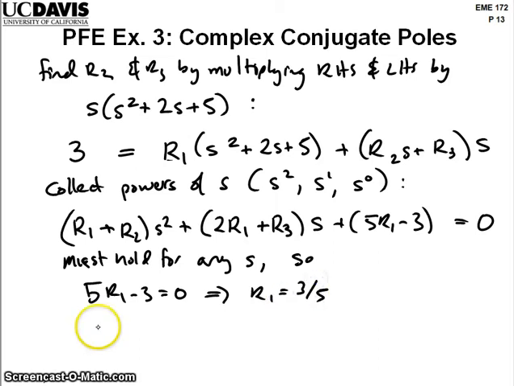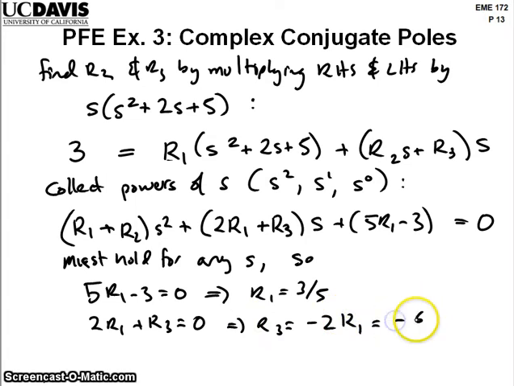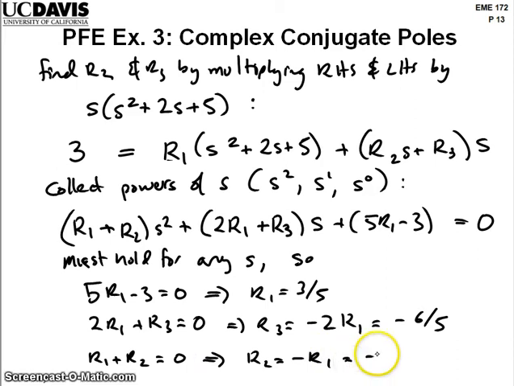We already did that. And 2R1 plus R3 is equal to 0, and so R3 is equal to minus 2 times R1, so it's minus 6/5. And then the last one is R1 plus R2 is equal to 0, and so R2 is equal to minus R1, so minus 3/5. Okay? So now we found all the residues.